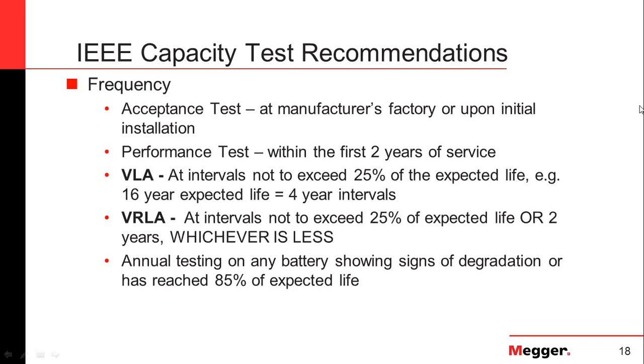So I gave an example here where if it's based on a 16-year life expectancy, I'm going to do every 4 years. Now for valve regulated lead acid batteries, it's not to exceed 25% or 2 years, whichever is less. And that again goes back to the stability of these types of batteries. They're not as stable as your flooded cells, so they have typically a lower life expectancy. Hopefully that answered the question.